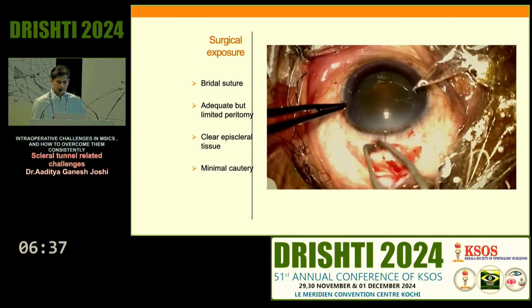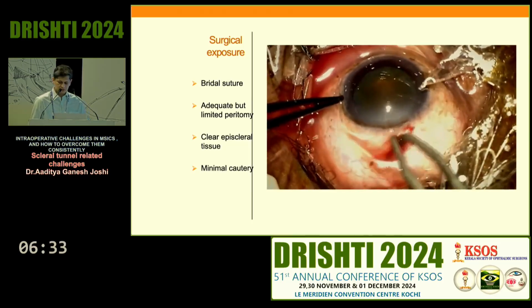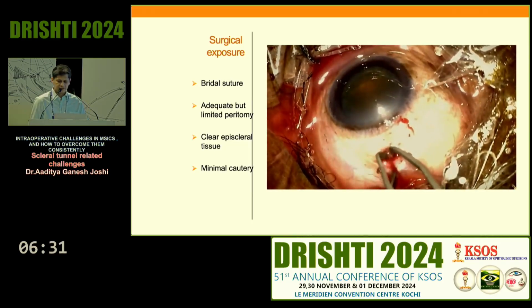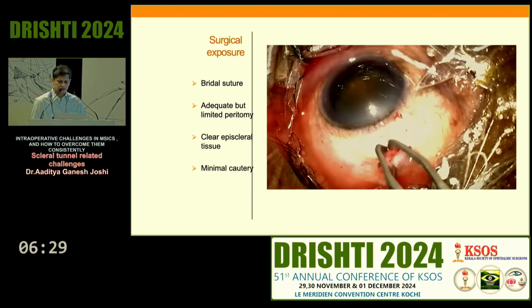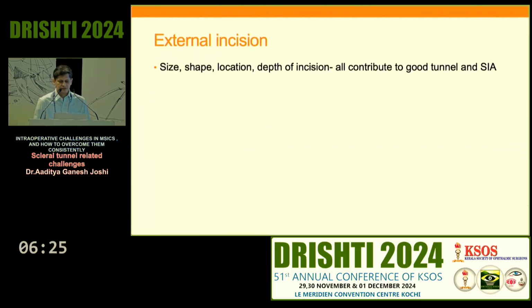And then do a minimum cautery. Do not over cauterize, otherwise it can cause more scleral inflammation and thinning later on and may lose the valve mechanism also. For the external incision, the size, shape, location and depth of incision all contribute to a good scleral tunnel.